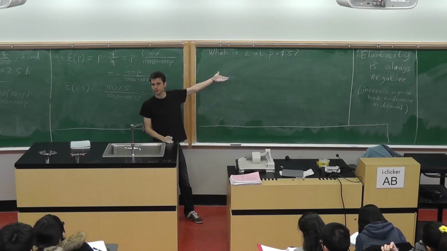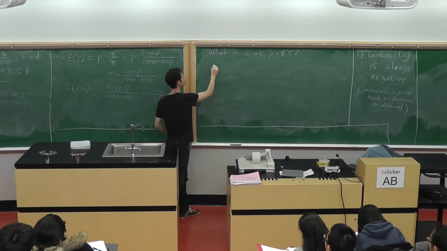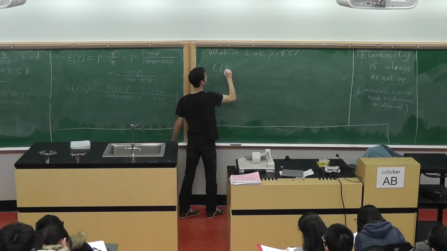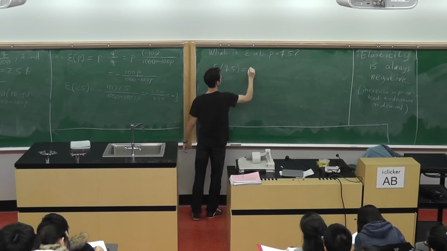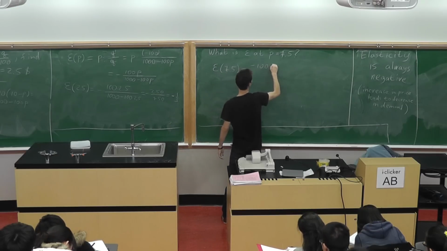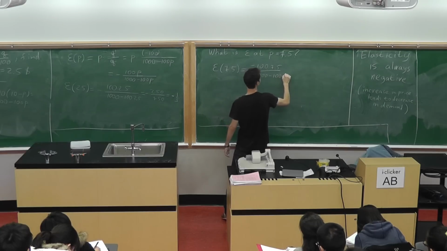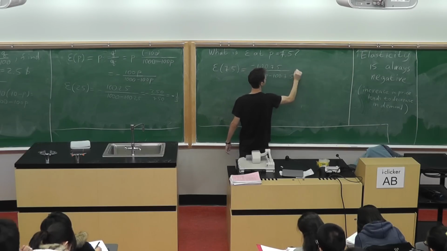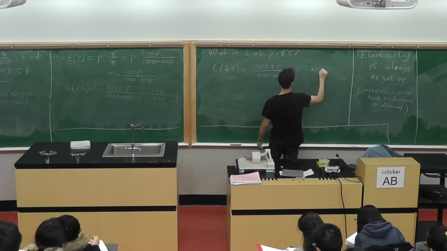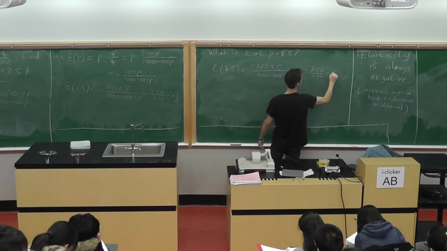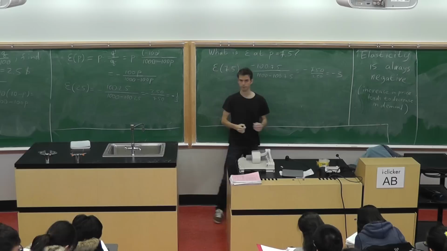Well, we have the same equation, we should just plug in 7.5. So it is minus 100 times 7.5 divided by 1000 minus 100 times 7.5. So it's minus 750 divided by 250, negative 3.